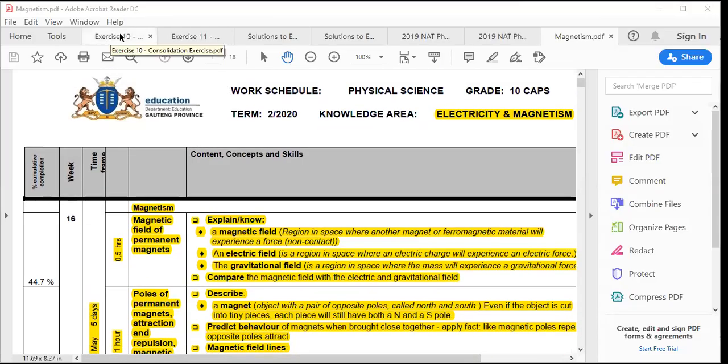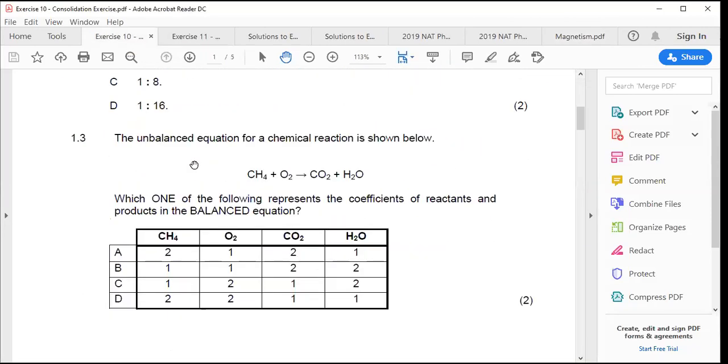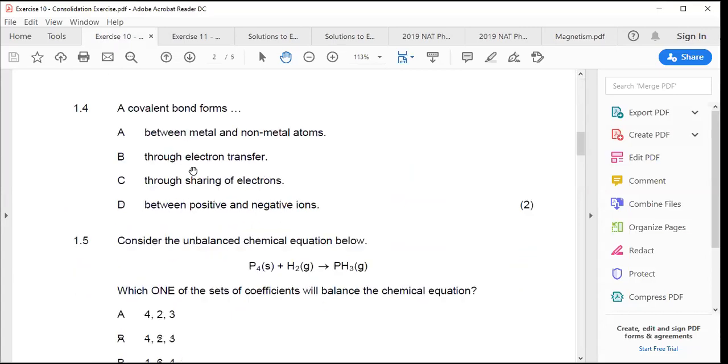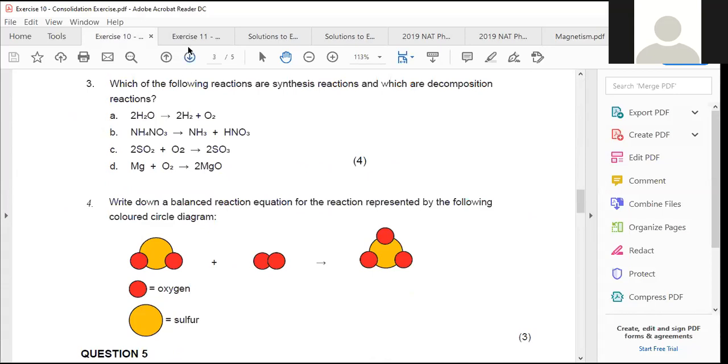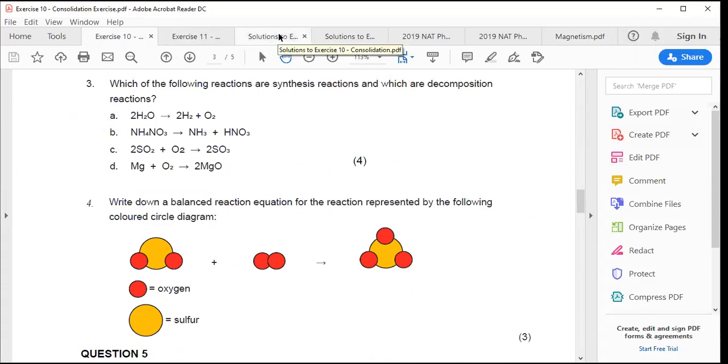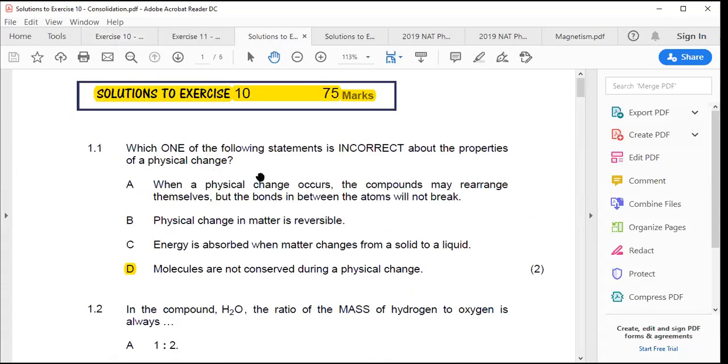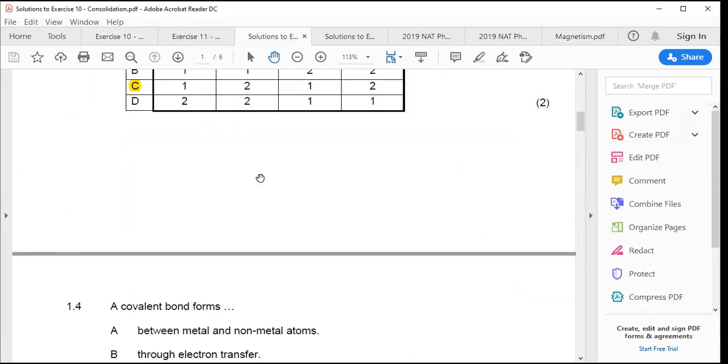Okay, in our last lesson, we were revising the consolidation exercise. Am I right? Yeah. So we're just going to continue with this.